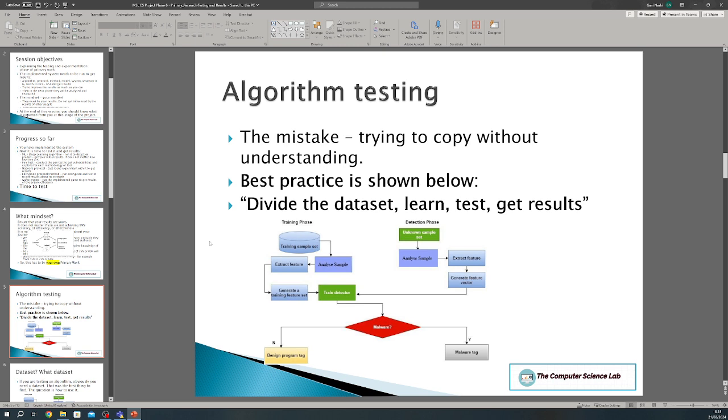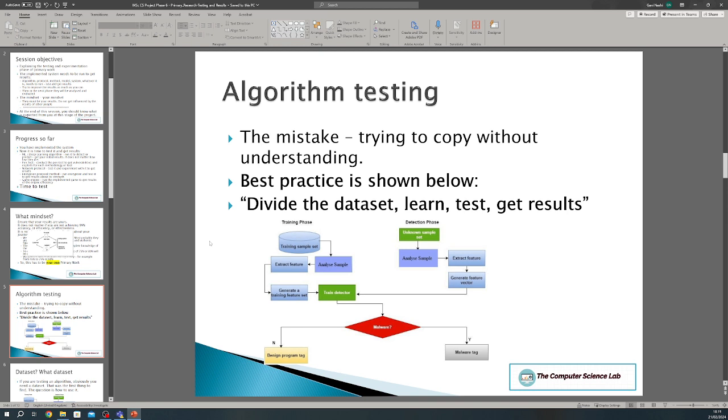So, we are testing now the algorithm. What is the mistake that students make? Students try to copy everything without understanding. So then you have to understand everything from the top level first. What is the job in just simple terms? You have a data set to use for the testing and learning. Okay, divide the data set. How do I divide it?